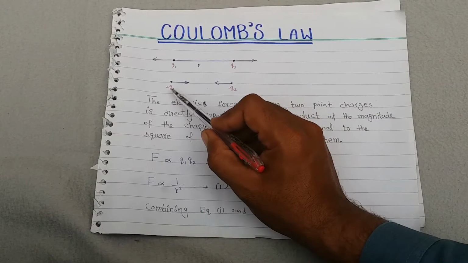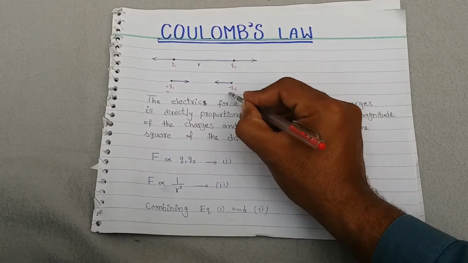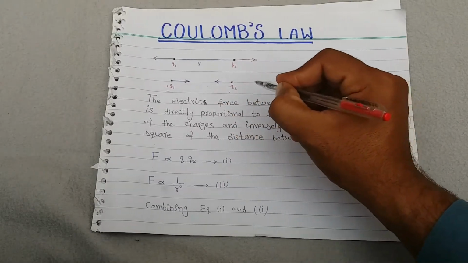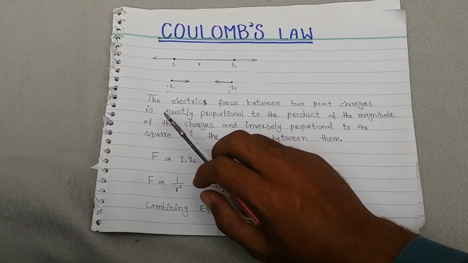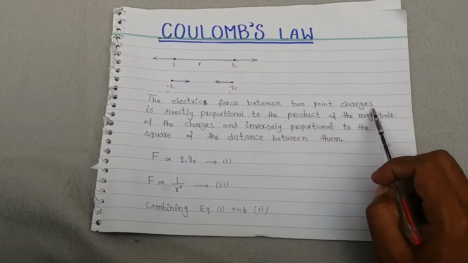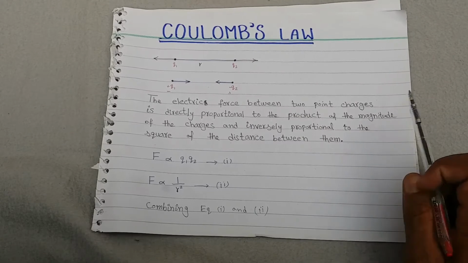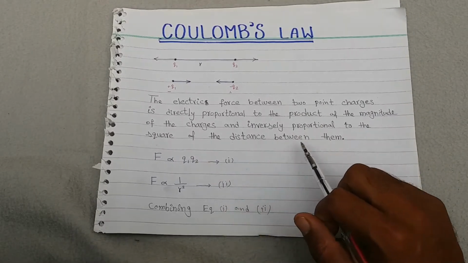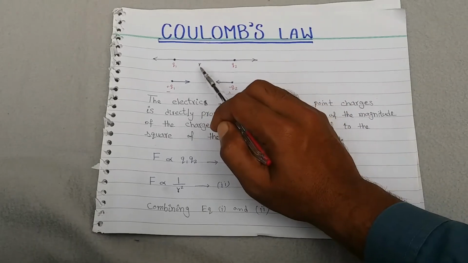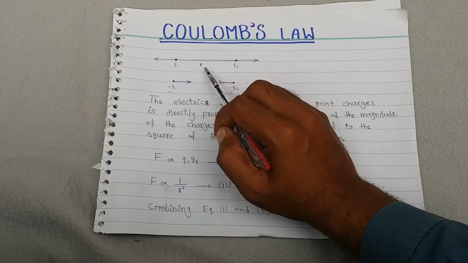If Q1 is negative and Q2 is positive, they will attract each other. We can say that the electric force between 2 point charges is directly proportional to the product of the magnitudes of the charges and inversely proportional to the square of the distance between them. Here I represented the distance between these 2 point charges with r.